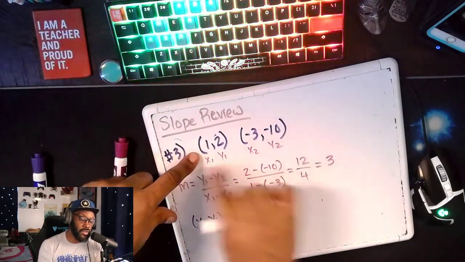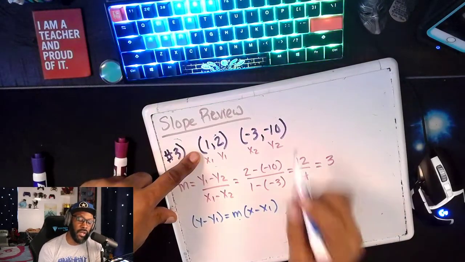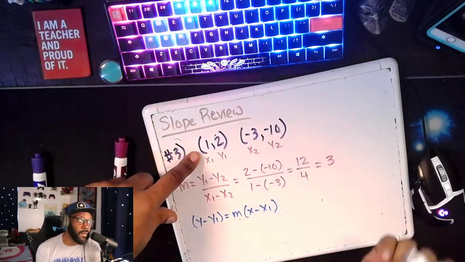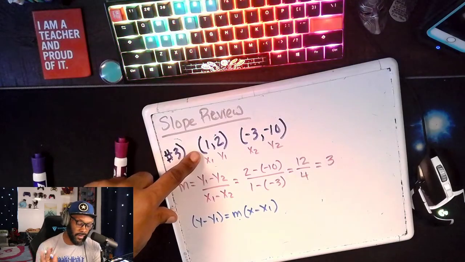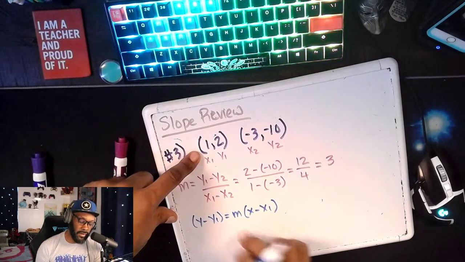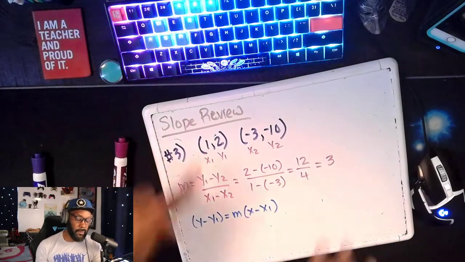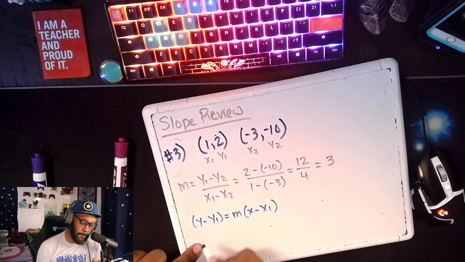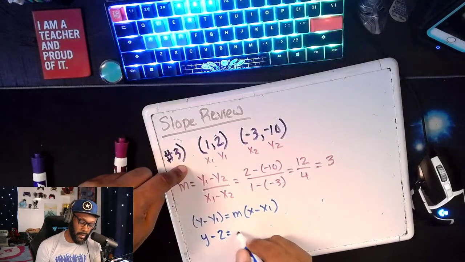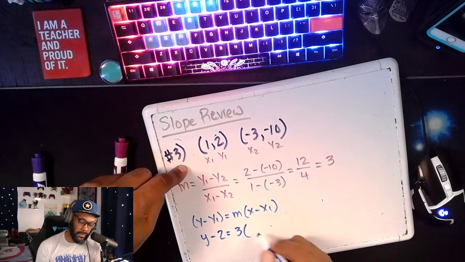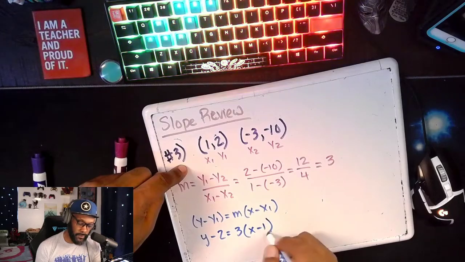You pick and choose which one you want. I'm going to pick 1 and 2. If you pick negative 3 and negative 10, you'll get it right as well. You'll just have a very slightly different set of some math to do, but we should all arrive at the same answer. So y minus 2 equals 3 times x minus 1.